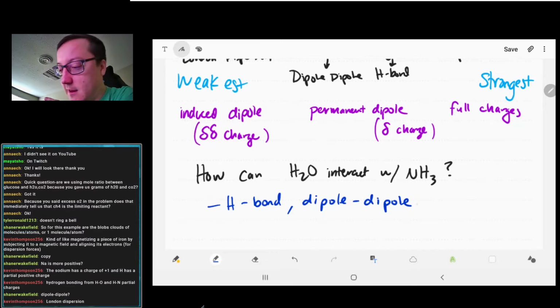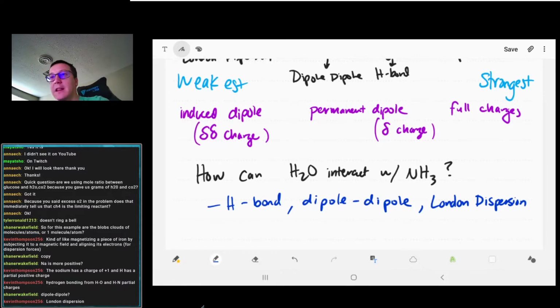And of course it has electrons, so it can do London dispersion also. These are the three things that water can do with ammonia. So we're not limited to just hydrogen bonding. However, these other things are kind of pointless compared to the hydrogen bonding, but they could still happen.